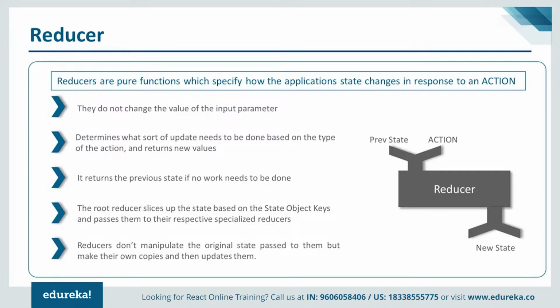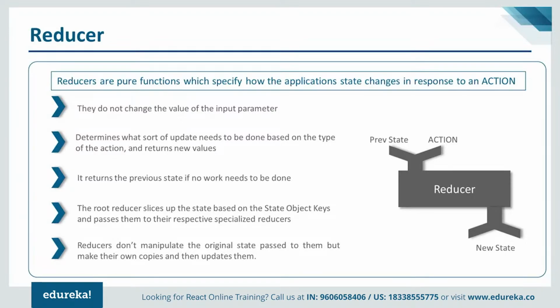First of all, this is a very important point to understand about pure functions. There are two types of functions: one is a pure function, another is an impure function. If a function is changing the value of the input data, it is called an impure function. But with Redux, and specifically with reducer functions, this cannot happen. They do not change the value of the input parameter. That's why they are called pure functions.